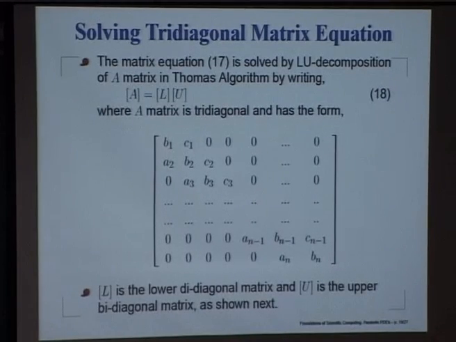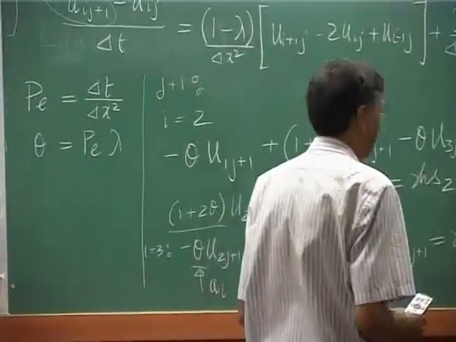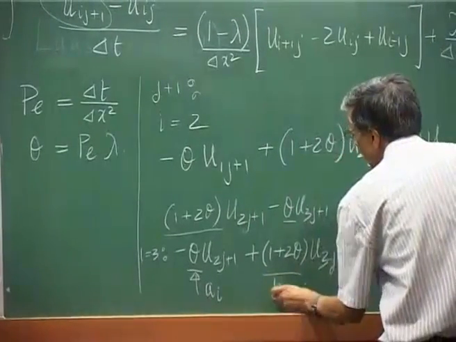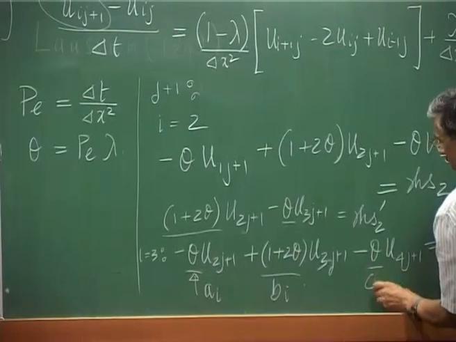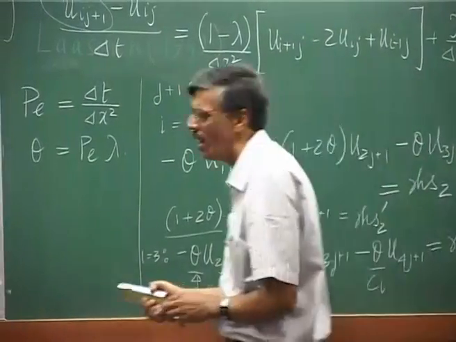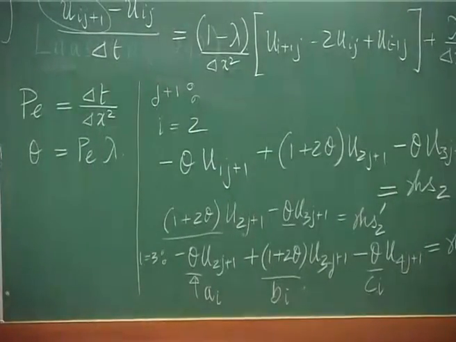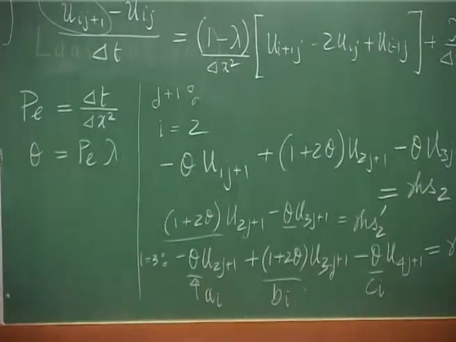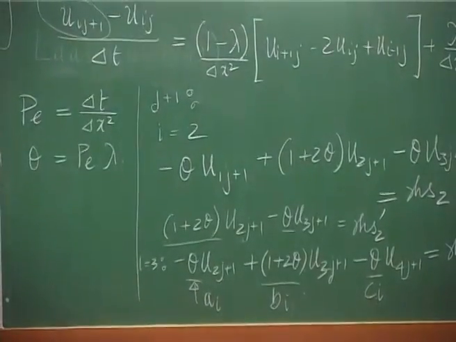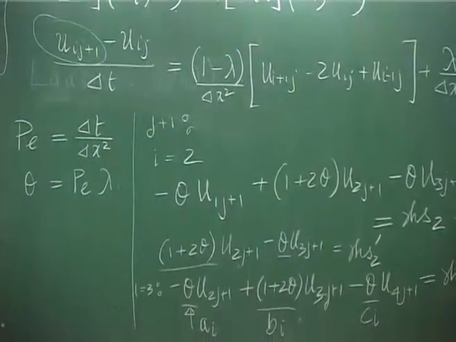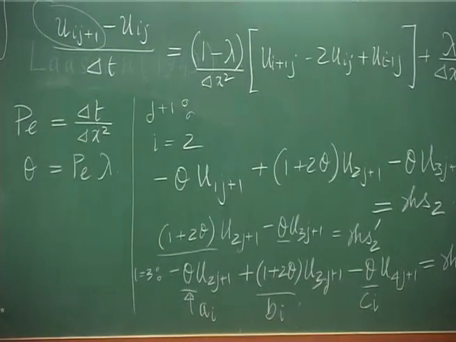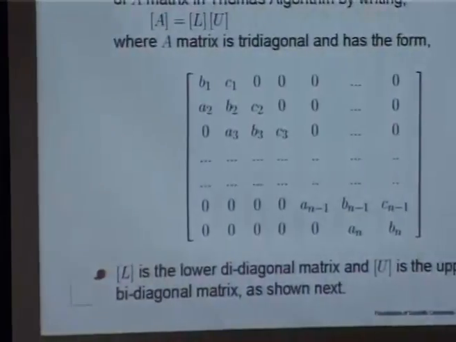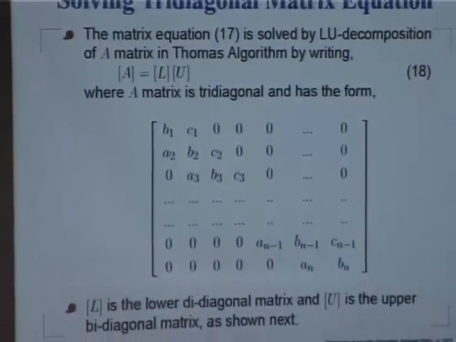So, if I have to write, this will be my AI, and this is BI, and this is my CI. So, for every point I am going to get this. Well, you might think why I am giving a subscript here. It is not needed. It is basically constant for all ith points. It is the same. But let us discuss a general case where you may have these things which could be node dependent.